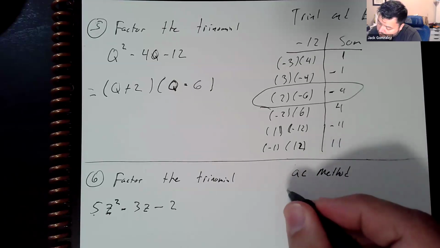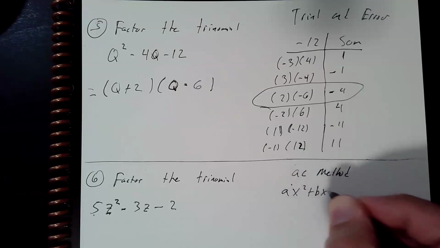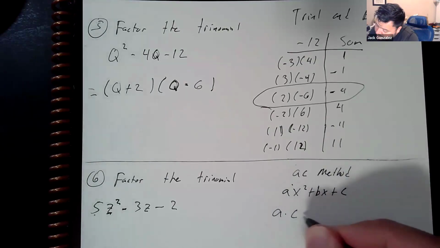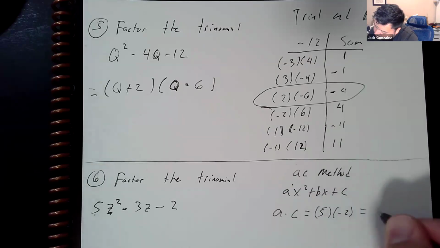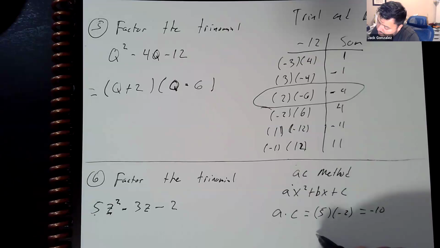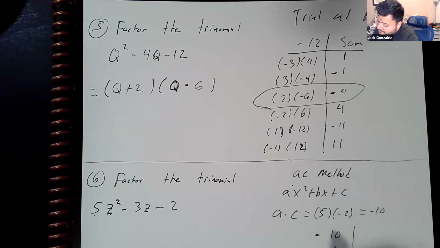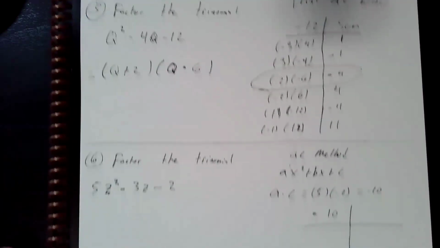So the AC method comes from this idea, the general form. You multiply the A and C together, which in this case is 5 and negative 2. So you take the negative 10 instead of the final number. You use this.